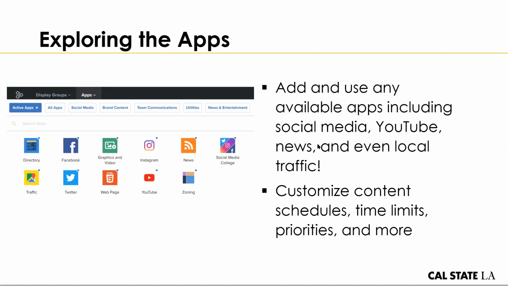All right, so applications. Enplug has a lot of different applications. They have social media apps. So that means that whether you use Facebook, Instagram, or Twitter, you can connect your account. You can be very specific in what you want to share, what you don't want to share.